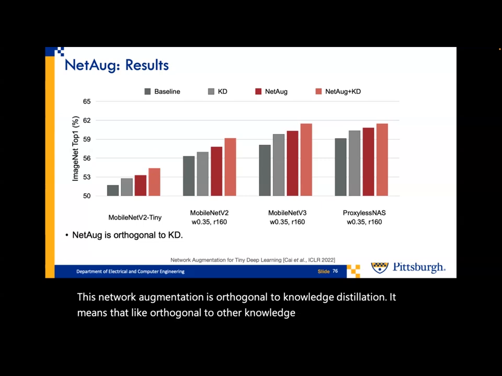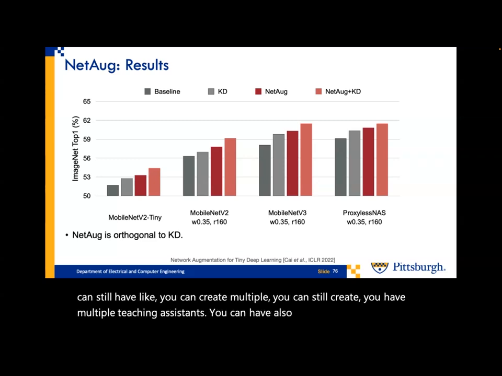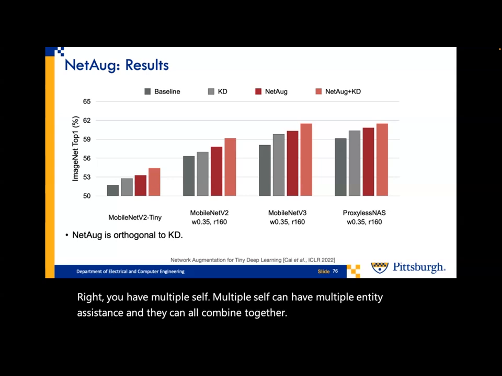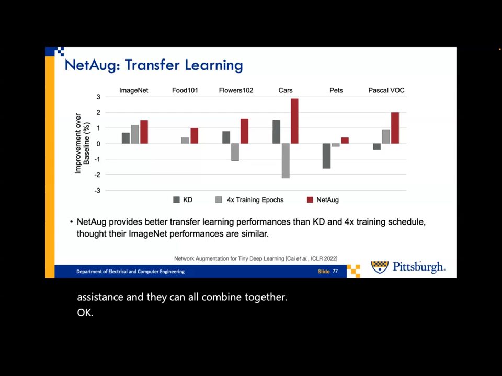You can still create multiple teaching assistants, you can also have multiple selves, and they can all combine together. It provides better transfer learning performance than knowledge distillation alone.